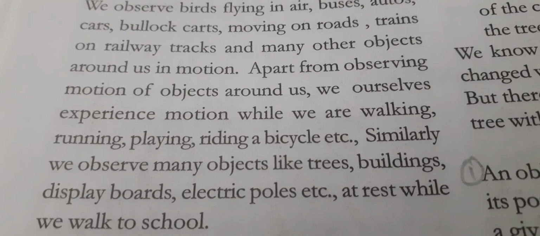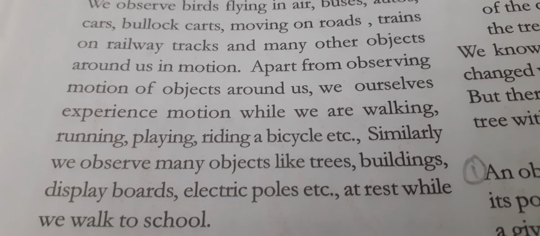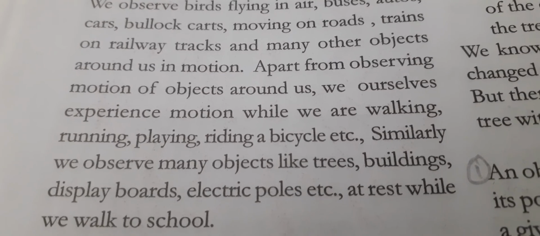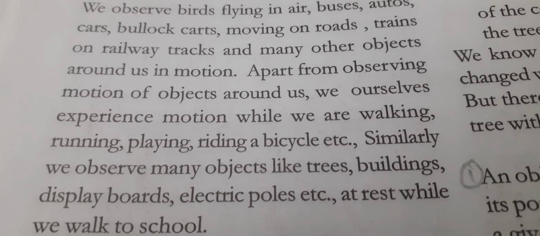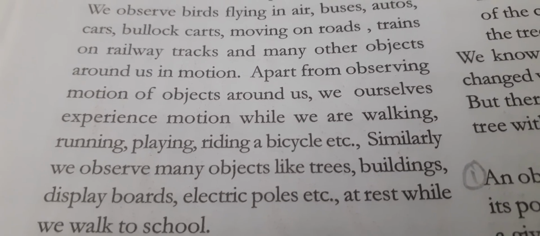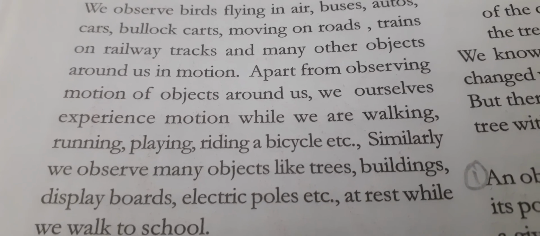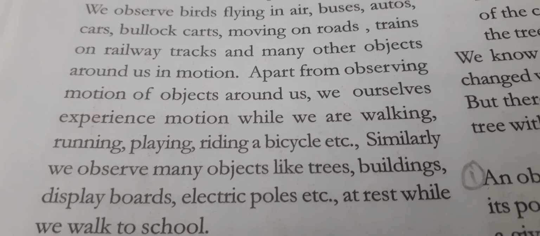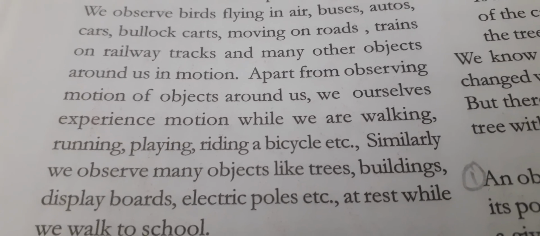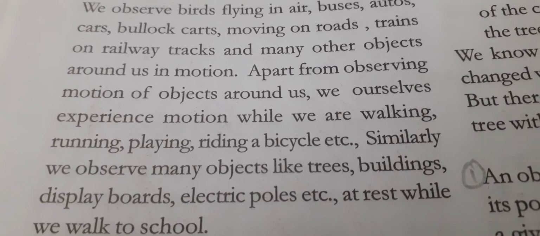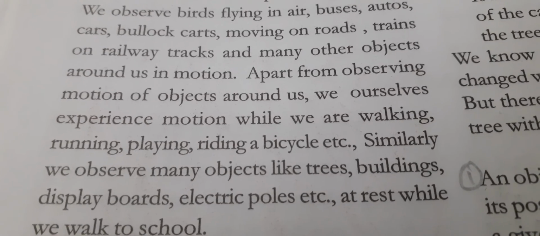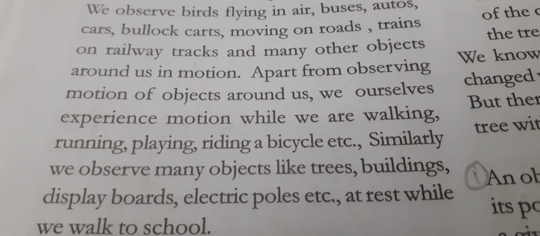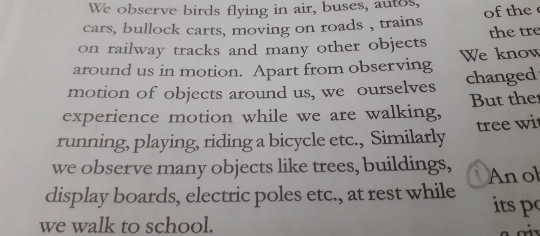For example, trees, buildings, display boards and electric poles do not move along with us. They are standing in a fixed position. That is why these objects are said to be at rest while we are in motion, walking.